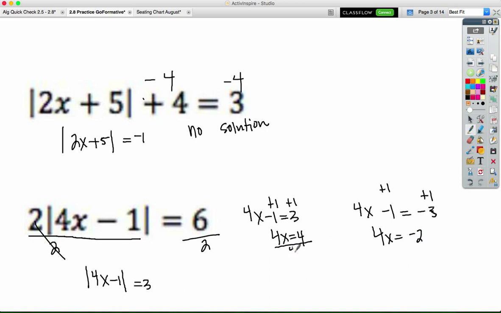Finish dividing by 4 on both equations. We're left with x is equal to 1 and x is equal to negative 2/4, which is just a negative 1/2. So write them in order from least to greatest. I will have negative 1/2 or negative 0.5. Either one is fine. And then a positive 1.